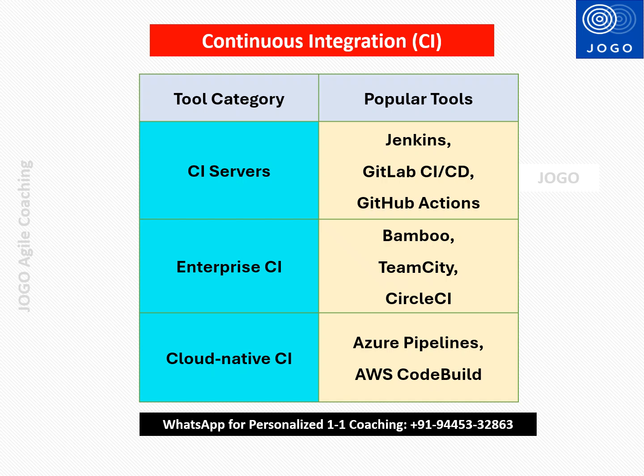So specific to this category, there are some popular tools available in the industry, and companies will also recommend the tools related to their needs. So you should know about these tools and use them accordingly. Hope you are clear about the continuous integration phase and the tools used for DevOps.